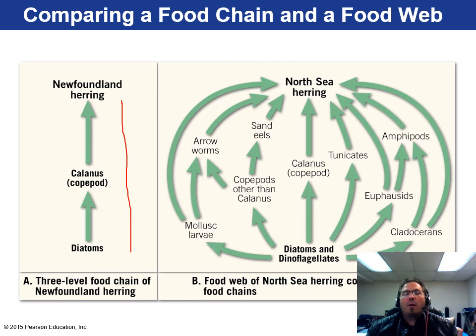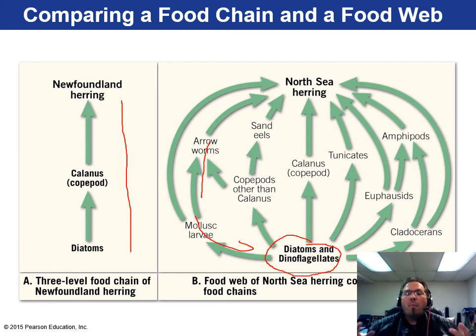I'm not going to go into all of this, but there are a lot of things. If you start at the bottom with the diatoms, these are the phytoplankton back down here, right? From there, you have all of these other things eating them. So the mollusks eat the diatoms, and then the wood arrowworms eat the mollusks, and then the herring eat the worms. And you get the idea.